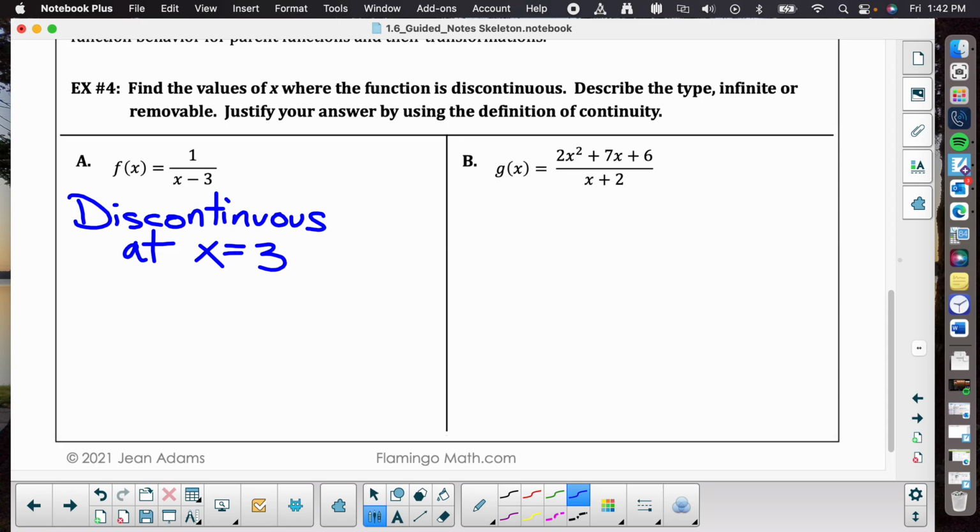So it would be discontinuous at 3, and then I think you were starting to say what kind? What kind of discontinuity is it? I think you said hole at first, and then you corrected yourself. I said removable. How come?